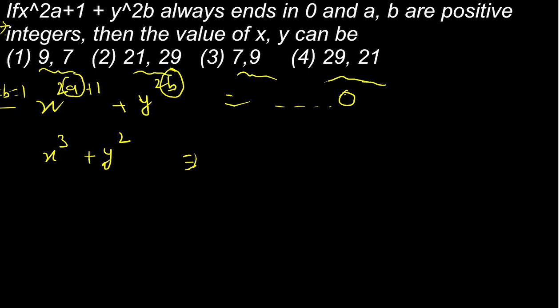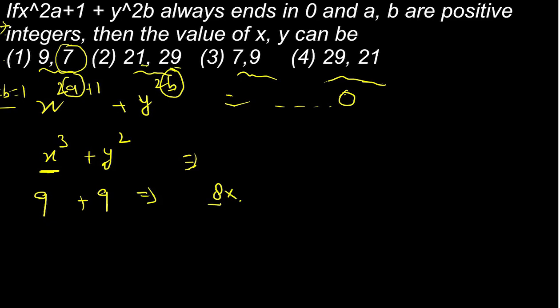I'm starting with the first option. What is 9 cube? 9 cube ends in 9, and the second value of y is given as 7. So 7 square ends in 9, and 9 plus 9 ends in 8, so it does not end in 0.